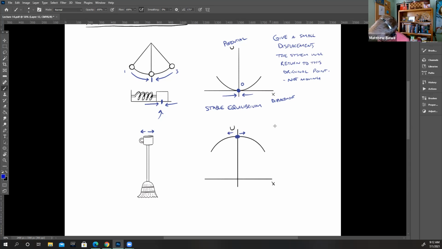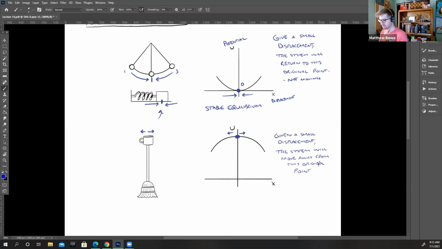So my definition for this: given a small displacement, the system will move away from this original point. And it was momentarily in this equilibrium.